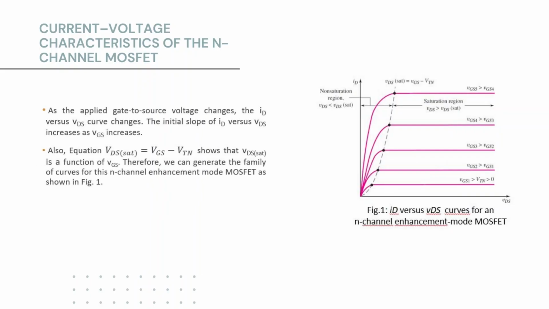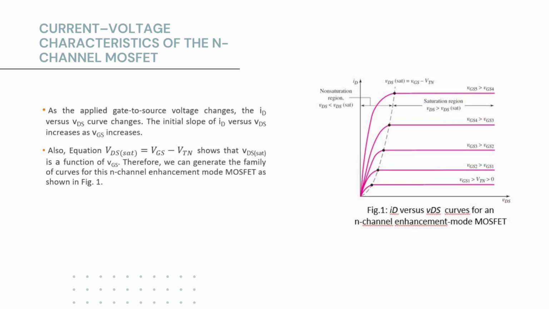So, let us discuss the current voltage characteristics of an N-channel MOSFET. As the applied gate to source voltage changes, the ID versus VDS curve changes. The initial slope of ID versus VDS increases as VGS increases, as we have discussed in the previous lectures.